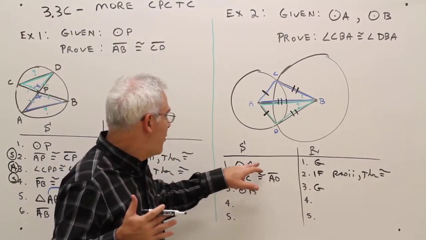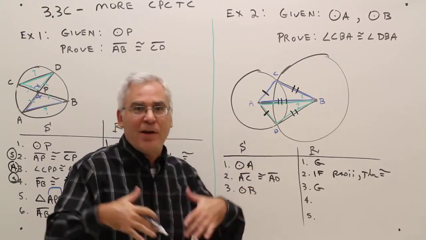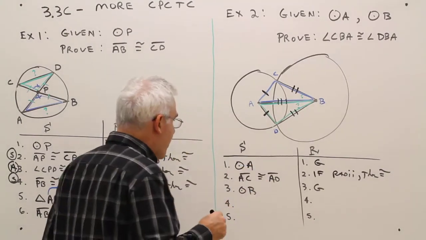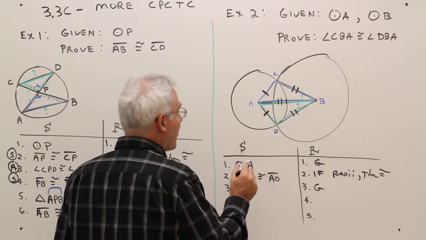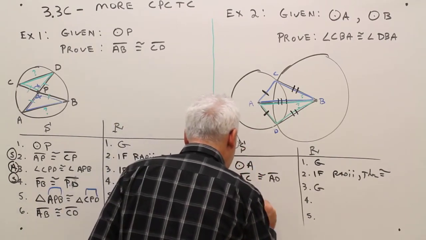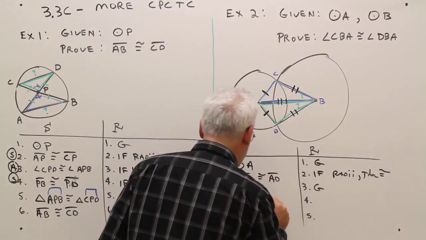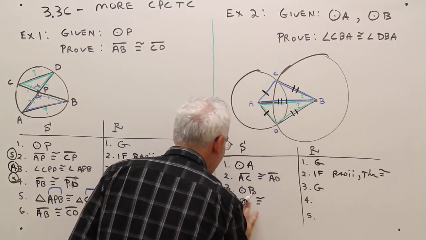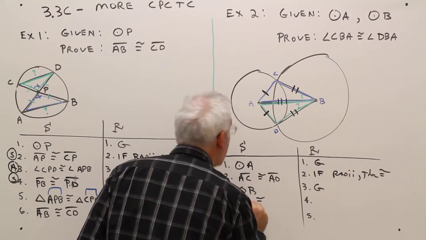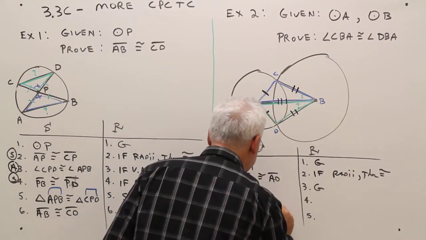Most teachers and students would probably put both circles in that step, but again, I like to show my logic. So circle B was given. From circle B, I got CB congruent to DB. I'll just go BC to BD.